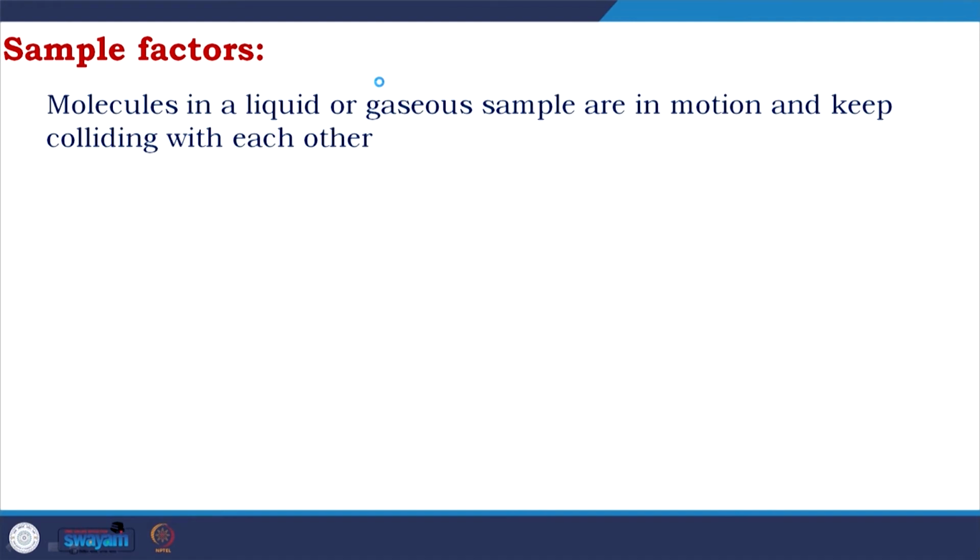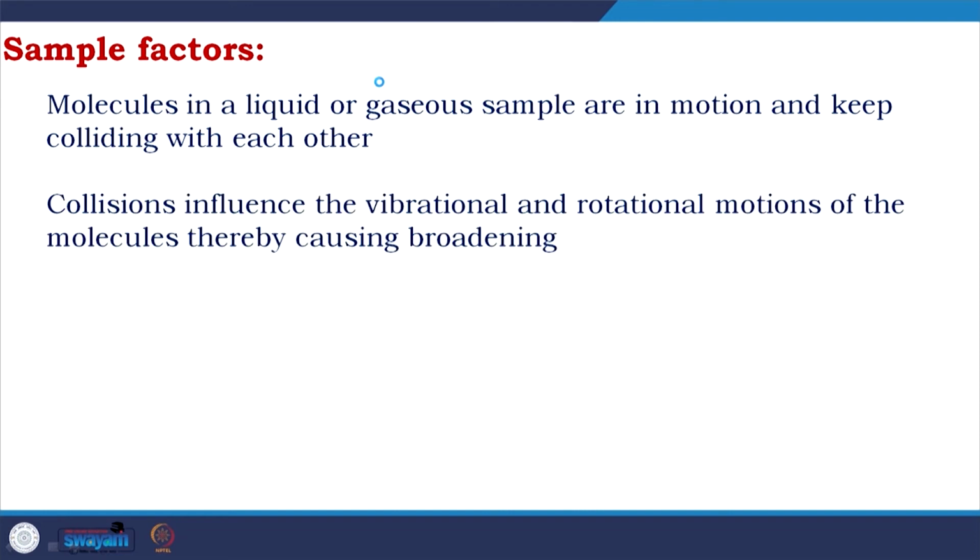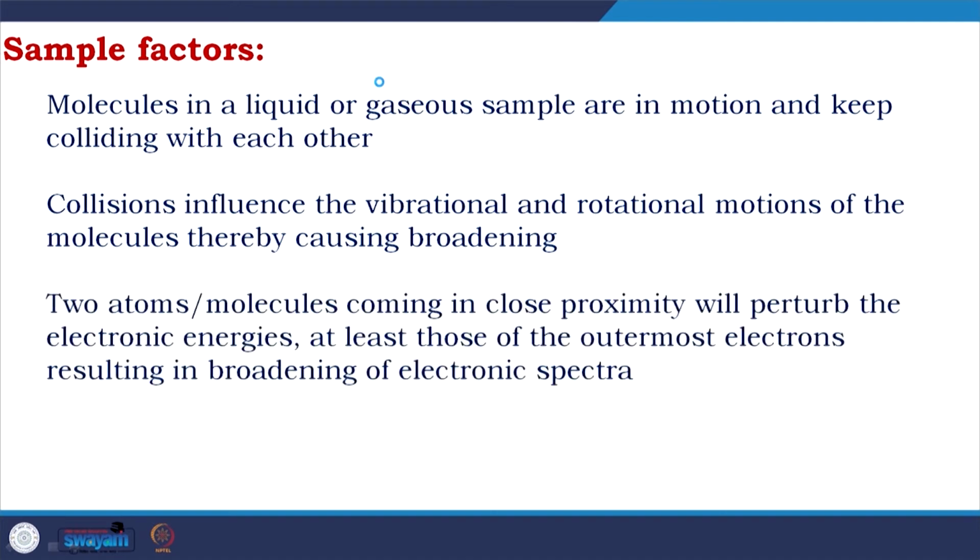Sample factor: molecules in a liquid or gaseous sample are in motion and keep colliding with each other. Collision influence the vibrational and rotational motions of the molecules, thereby causing broadening. Two atoms or molecules coming in close proximity will perturb the electronic energies, at least those of the outermost electrons, resulting in broadening of the electronic spectra.